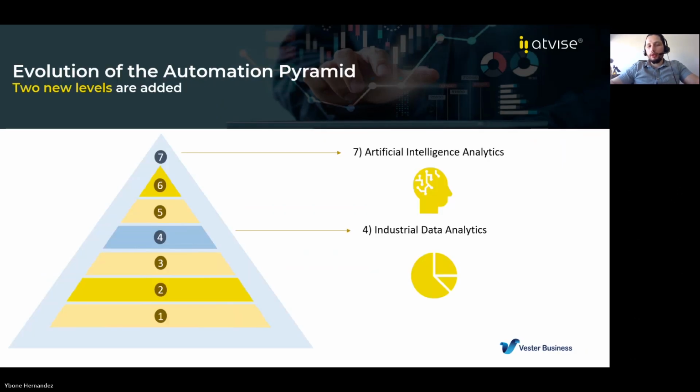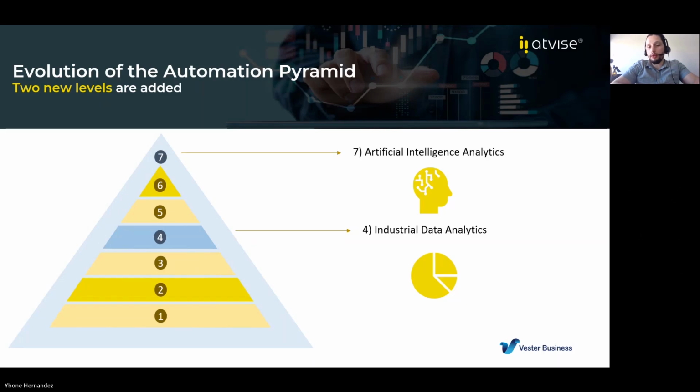In fact, what we've seen is that there are two new levels in the automation pyramid. The first one is industrial data analytics. It is not enough to have all that information in the database doing nothing. There are multiple customers who have data servers, data centers, or servers specifically designed for information and data, but they are doing nothing.